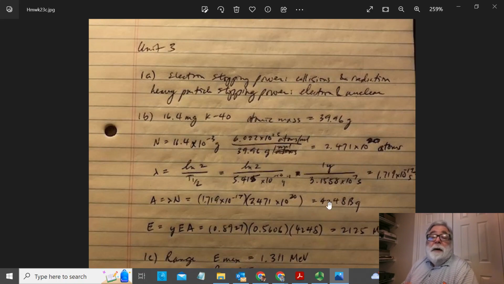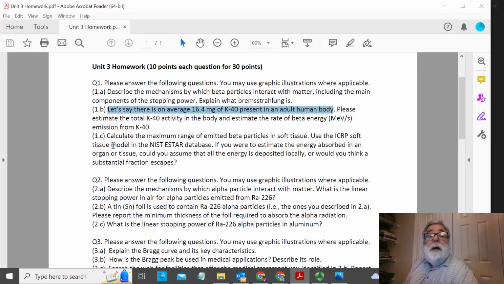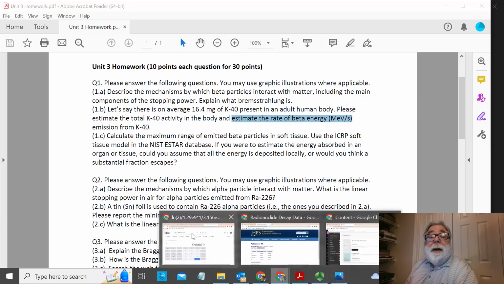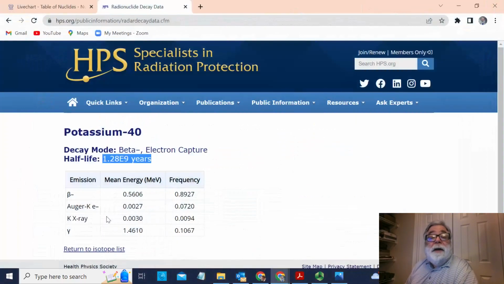Okay, but I'll carry 1 extra digit for intermediate calculations, and then in the end, I'll try to get to my correct answer. So 1B, the question was, estimate the total activity in the body and estimate the beta energy rate. Okay, so now I've got to figure out the beta energy. So let's go back to my decay data.